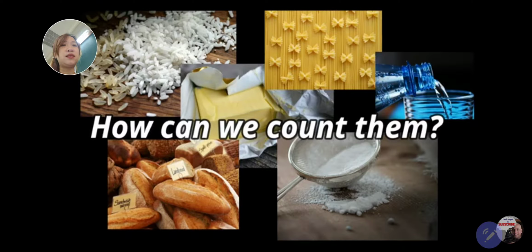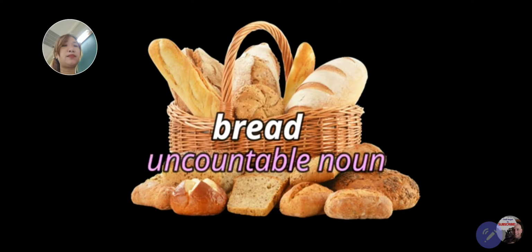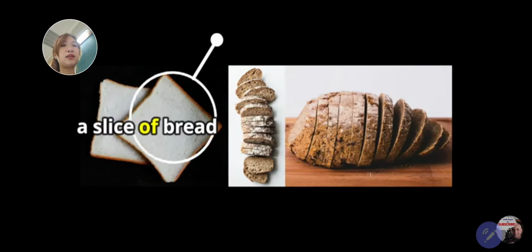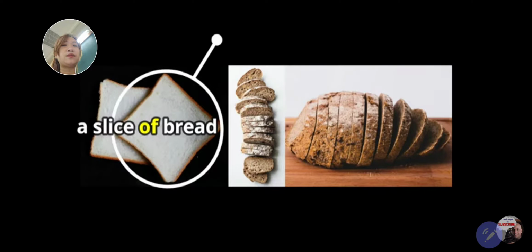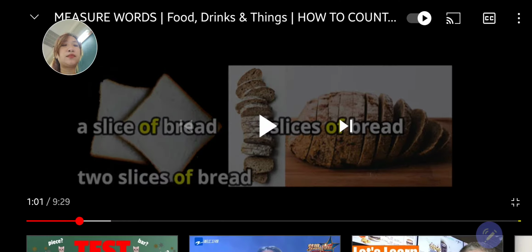Let's begin with a very common uncountable noun, bread. Now, let's say you have some bread and you want to tell someone exactly how much you have. We know that bread is uncountable, but we can count a slice, meaning one slice of bread, or slices of bread. Maybe 2 slices.